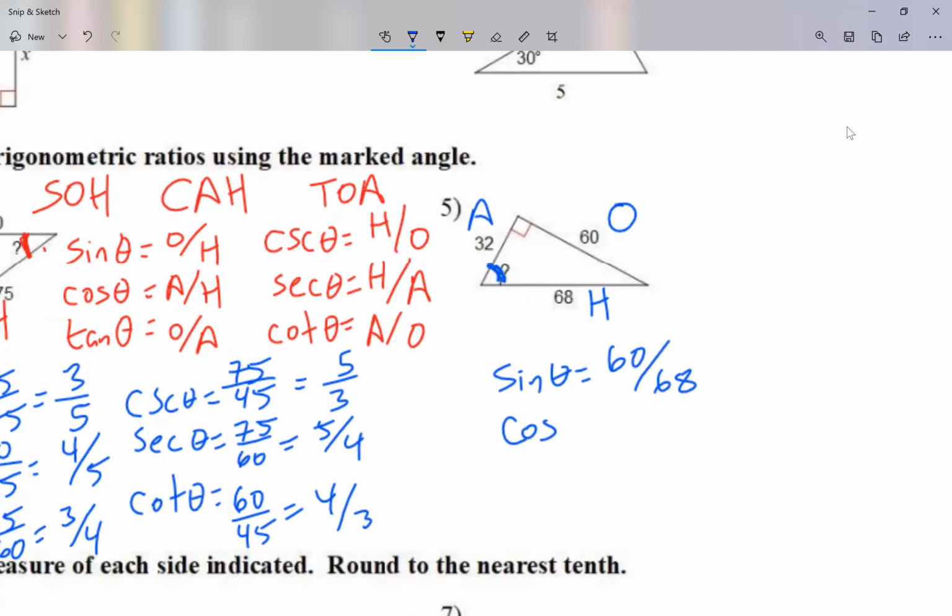Cosine, I know cosine is adjacent over hypotenuse, so 32 over 68. Again, I'm not going to simplify, but you know how to simplify. Now tangent, I know tangent is opposite over adjacent, so 60 over 32.